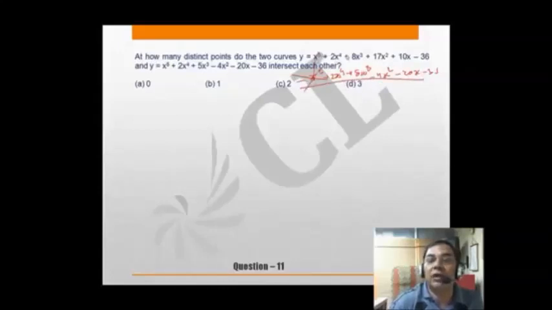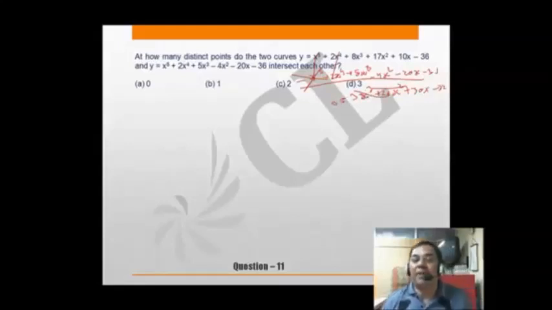So this will cut. This will cut. 3x cube plus 21x square plus 30x minus 72, and that is equal to 0.